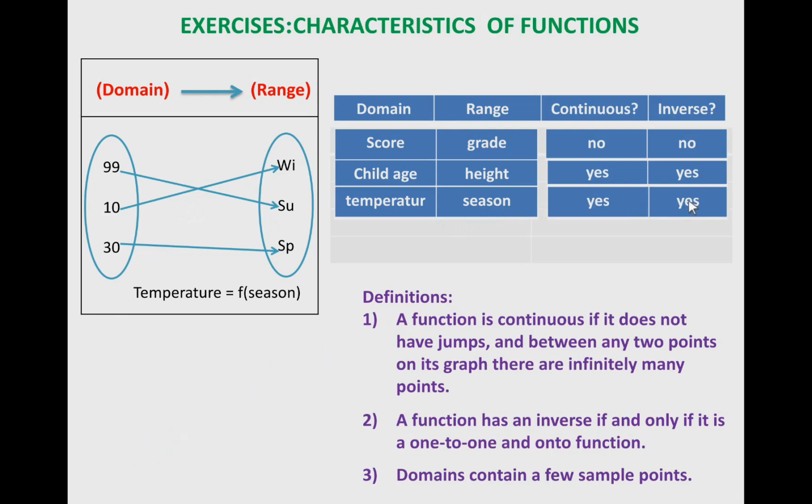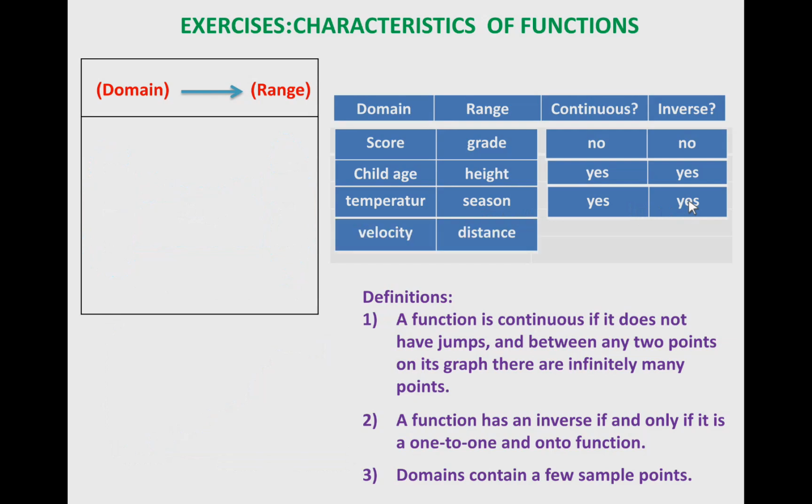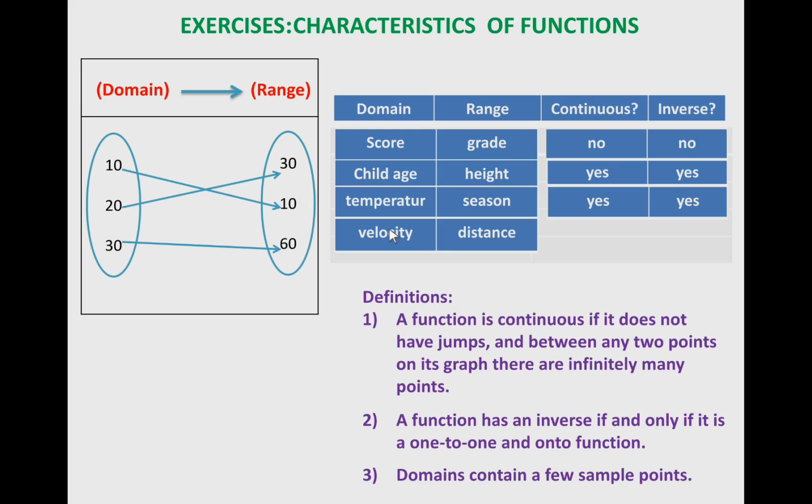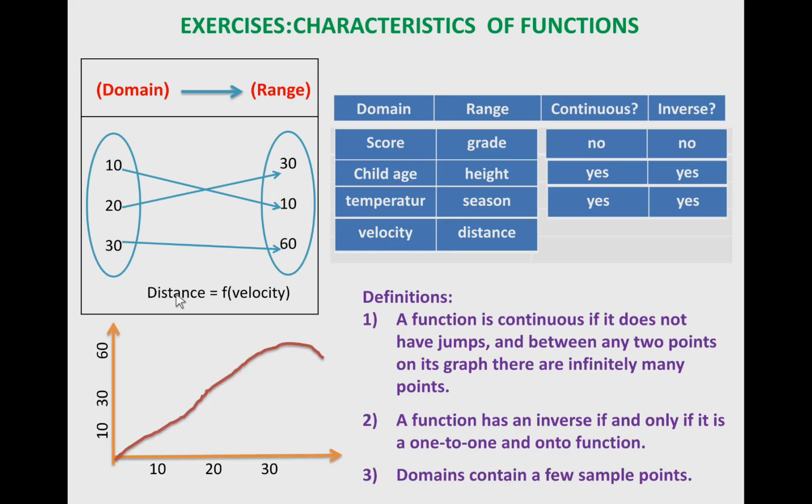Let's take a look at another function which relates the velocity to the distance. Likewise, we will just go ahead and look at the function plotting. This is also real-world value plotting. So we will jump to answer the questions. Is the function continuous? We said the function is continuous if it does not have any jumps.